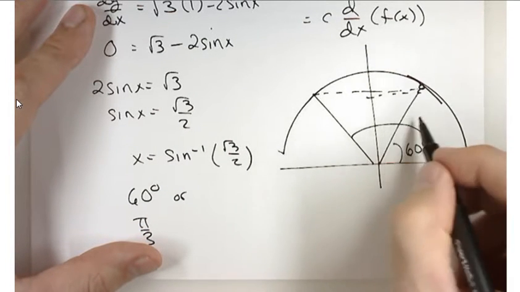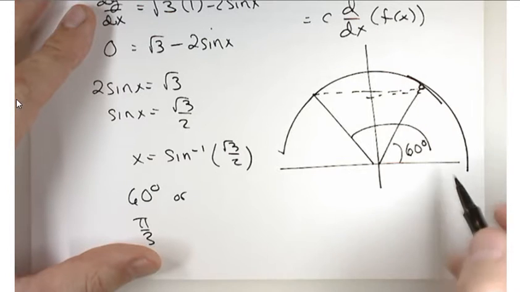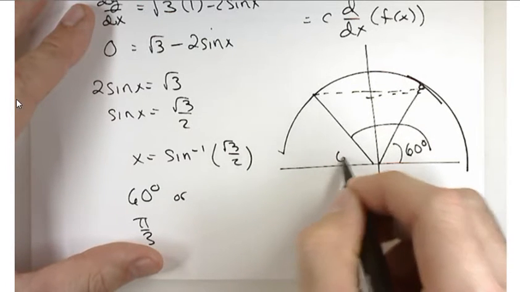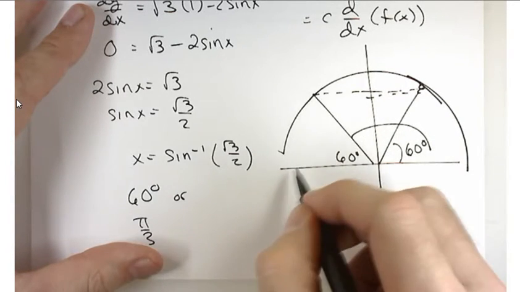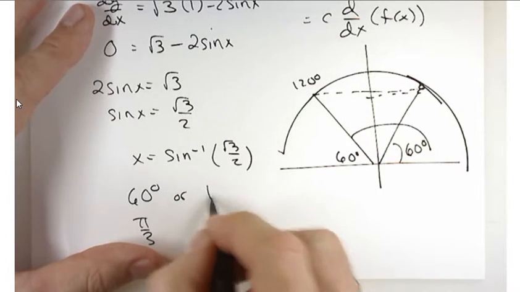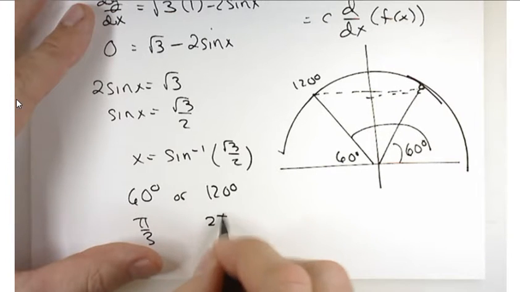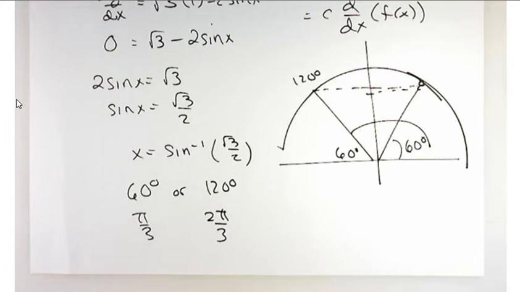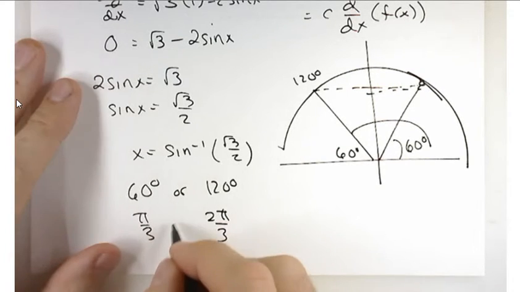What's that other angle? 120. The way you can get that is you realize, oh, well, this angle is 60. 180 minus 60 gives me 120 degrees. So there's your two solutions, pi over 3 and 2 pi over 3.